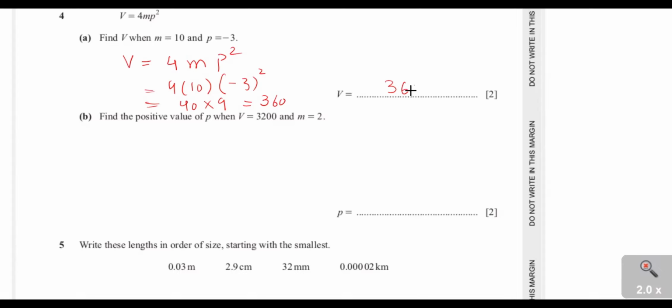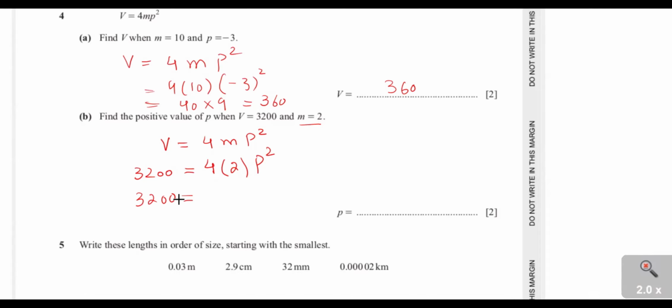And this is 360. Next, find the positive value of p when V is 3200 and m is 2. Now we have to calculate the value of p. We can write V equals 4mp squared, and V here is 3200. We write 3200, 4 as it is, m value is 2 and p squared as it is. 4 times 2 is 8.